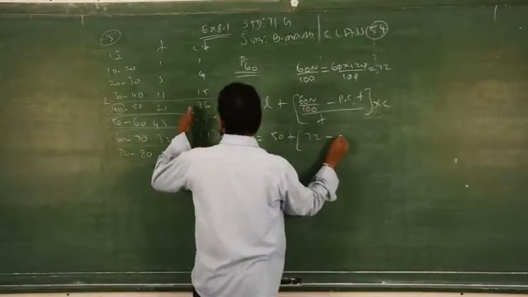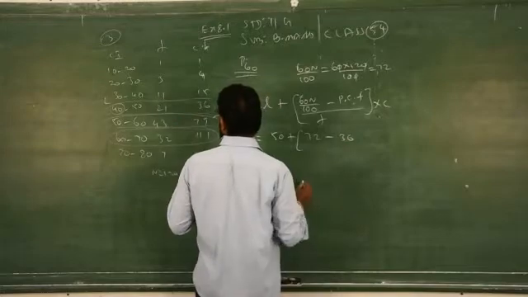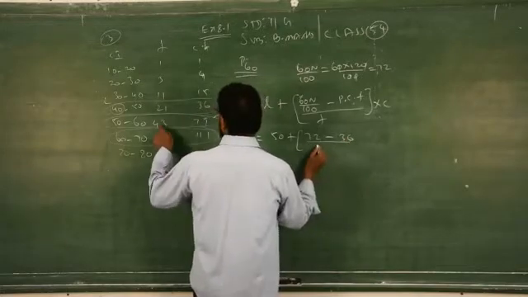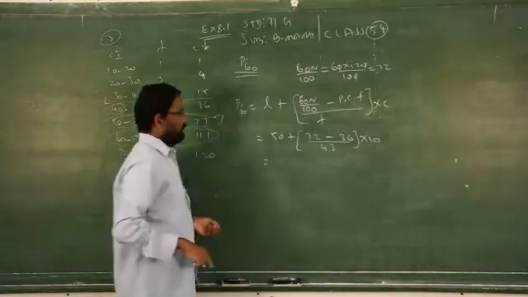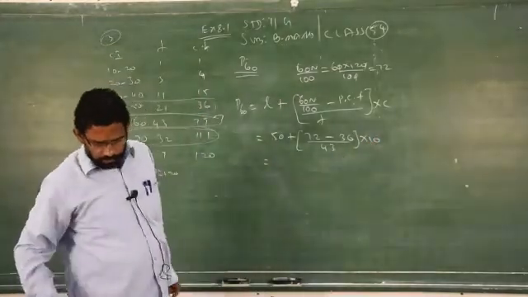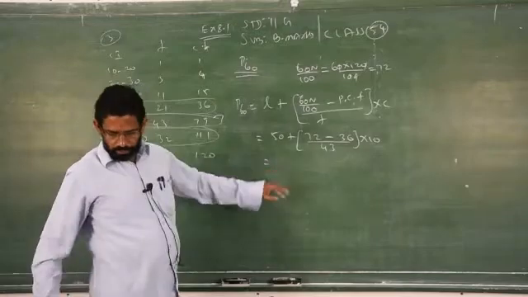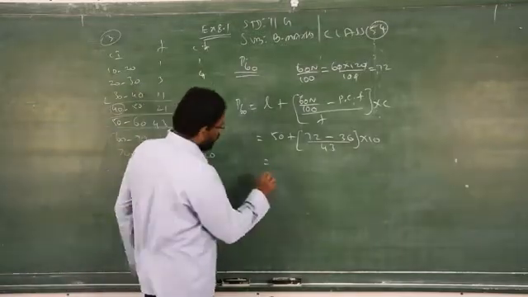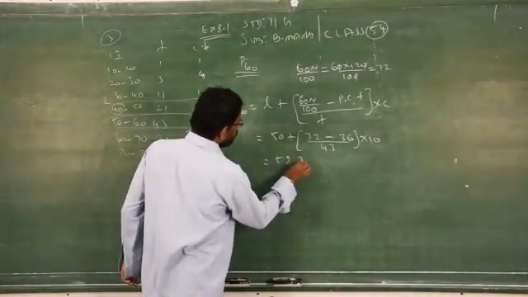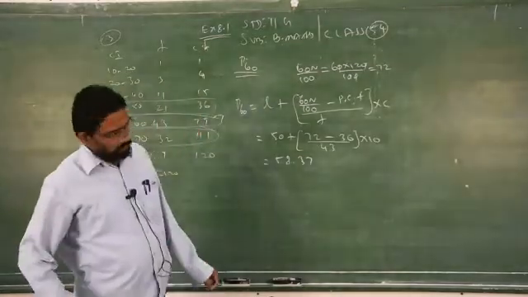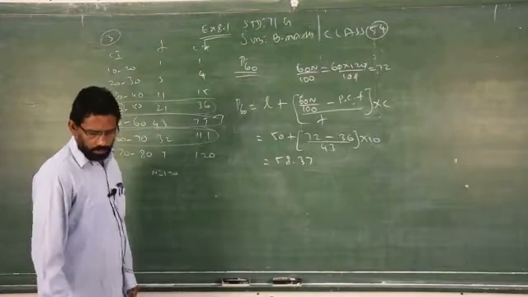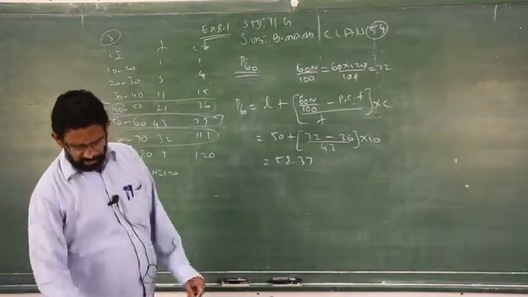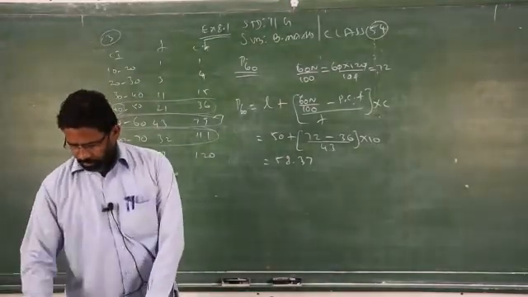The previous cumulative frequency is 36 by frequency 43 into 10. Clear? So this is P60. So just simplify, you will get 58.37. Boys, don't copy, you simplify and check whether it is correct or wrong. Clear?